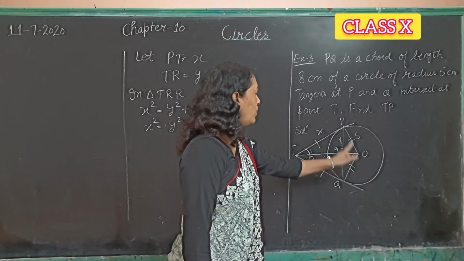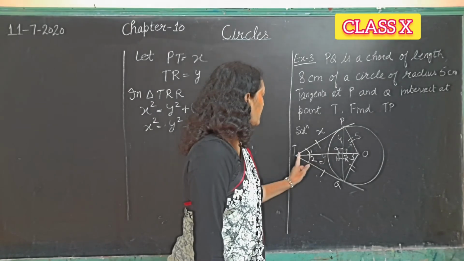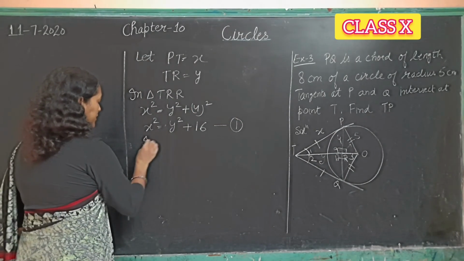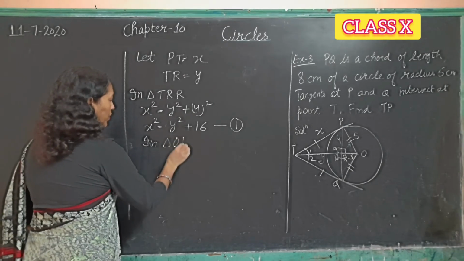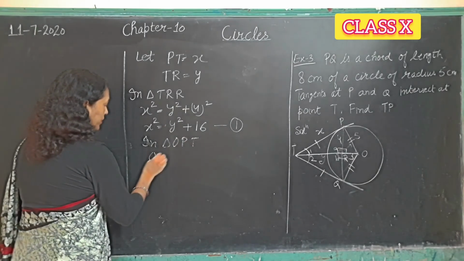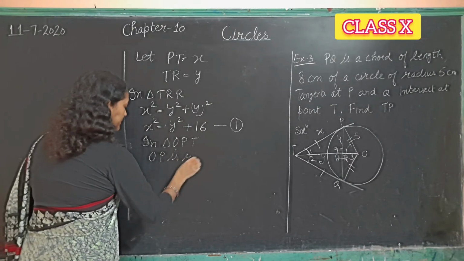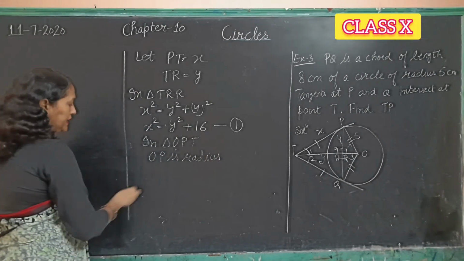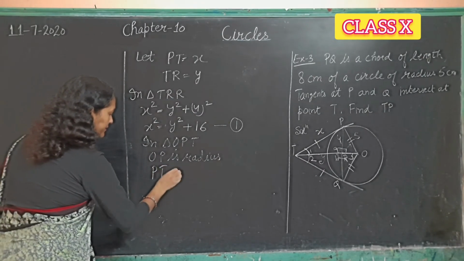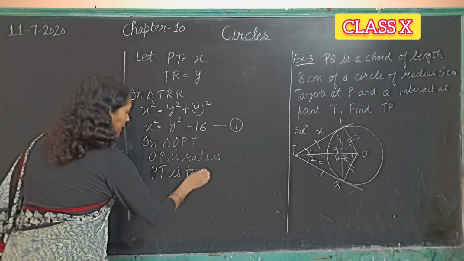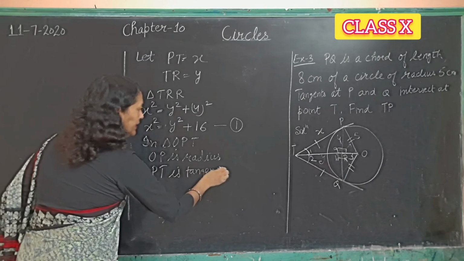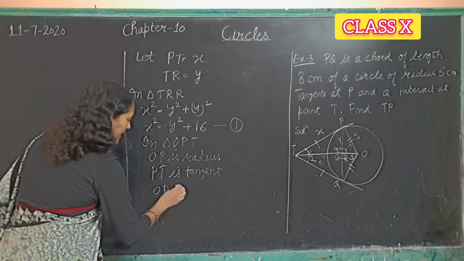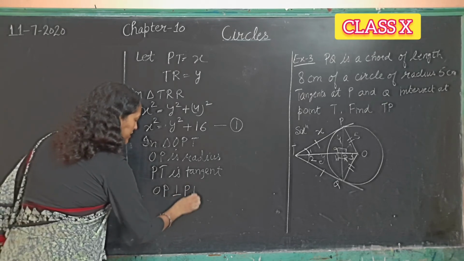Triangle OPT. In triangle OPT, OP is the radius and PT is the tangent, and we have learned in theorem 10.1 that radius and tangent are perpendicular to each other.